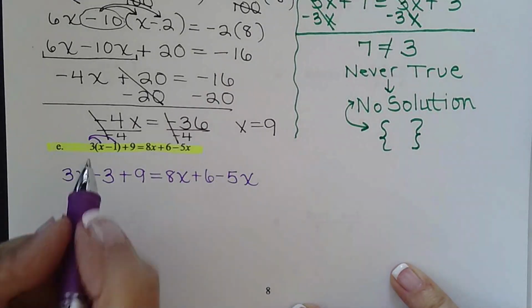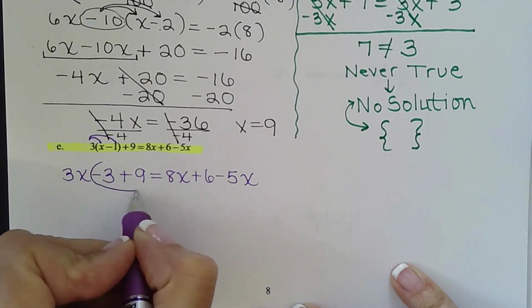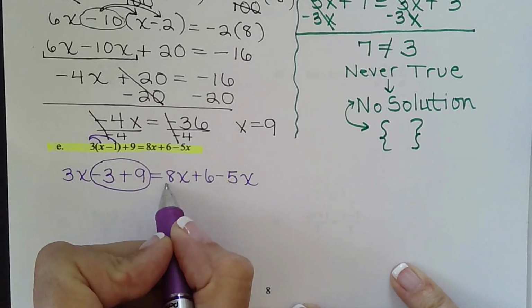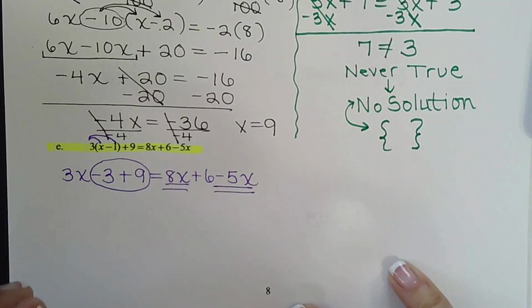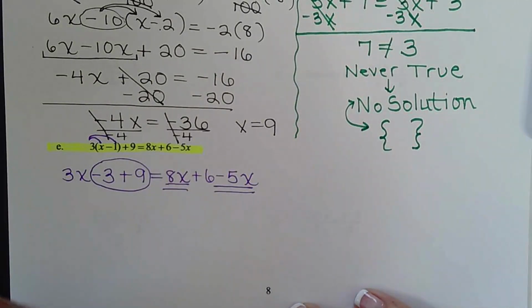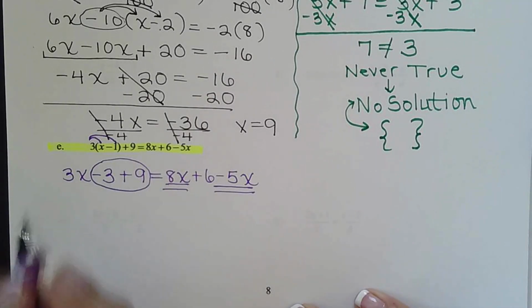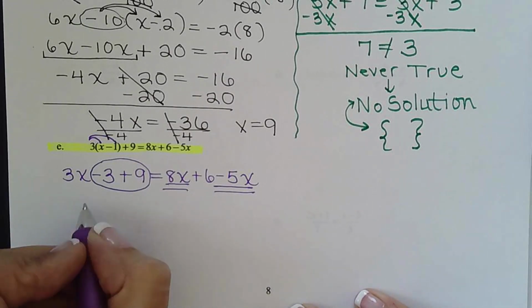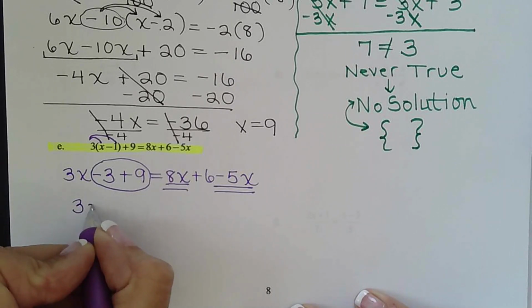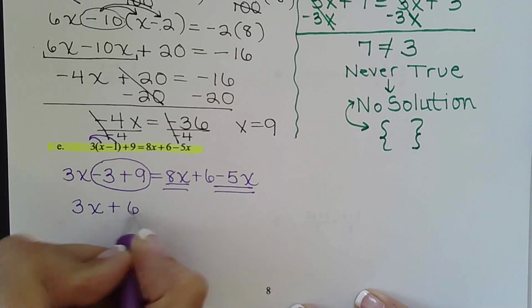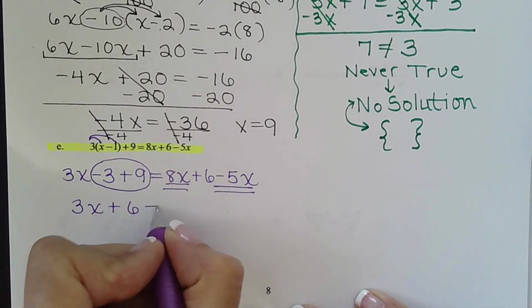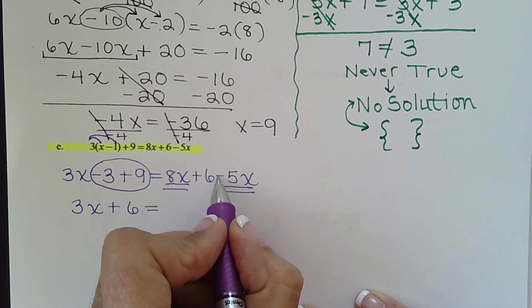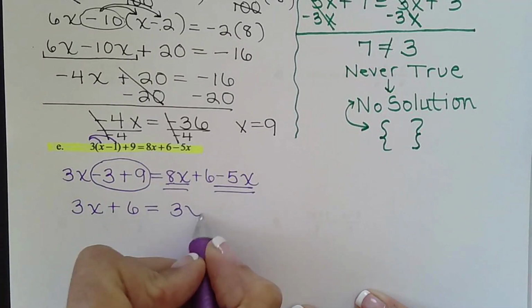Step 2, combine like terms. There's 2 like terms here, and there's 2 like terms here. And remember, we never combine with other sides. So 9 minus 3 is positive 6, because we keep the sign of the larger. On the other side, 8x minus 5x is 3x plus 6.